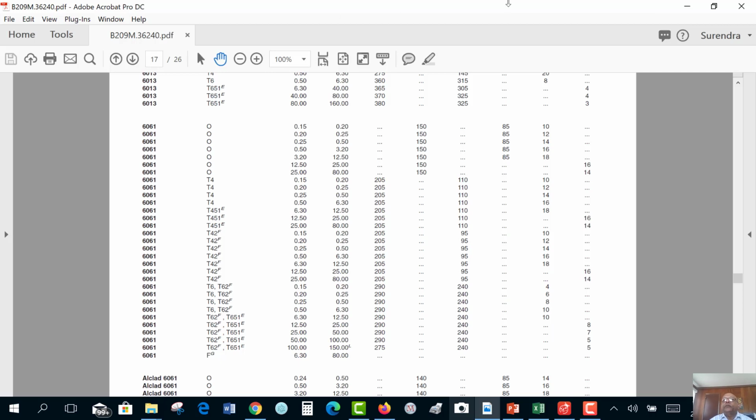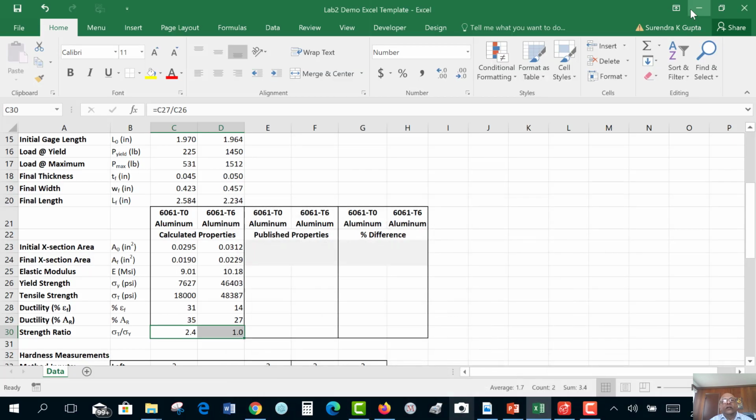Okay. So we are going to enter these values. Notice it didn't show us elastic modulus. Elastic modulus is 10 million psi. Okay.